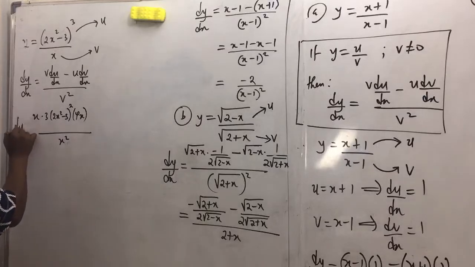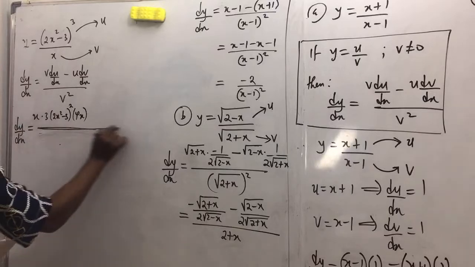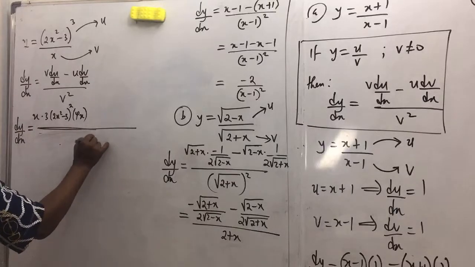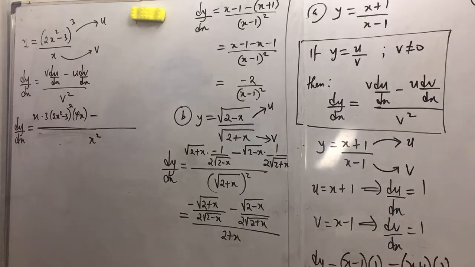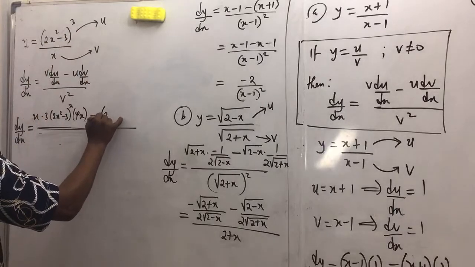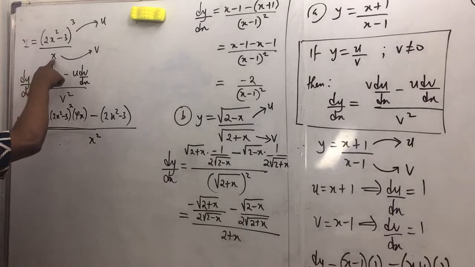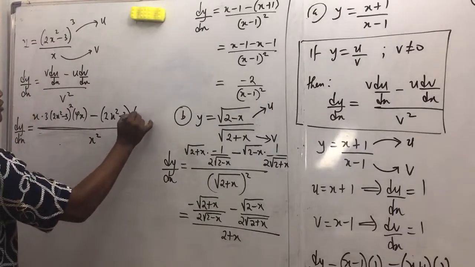Let me write this better. So, now that we've differentiated that part, so I'm going to have here x squared, of course. Now, minus u. What is your u? Your u is the numerator, so I'm going to put here 2x squared minus 3. Your dv/dx is you differentiating your denominator there, which is x, and that will give you 1.